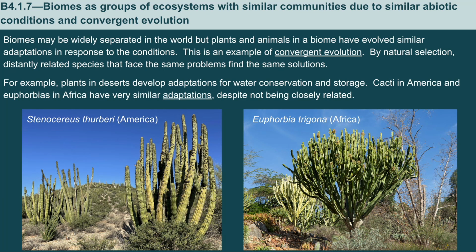Now, biomes may be widely separated in the world. Here we see 2 biomes, one in America and one in Africa. They're both hot deserts, low precipitation. Note that these cacti and these euphorbia look incredibly similar, and they have a lot of the same adaptations to that particular biome. However, they do not have a common ancestor that shares those same adaptations.